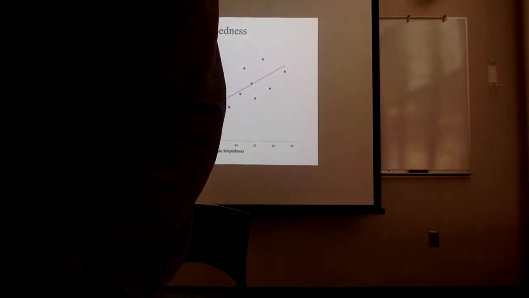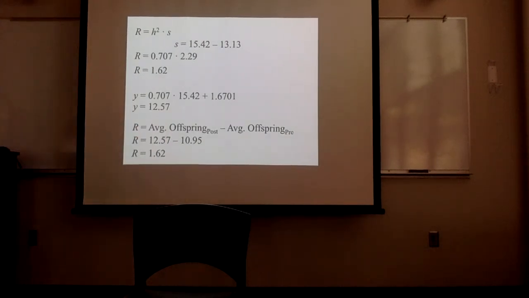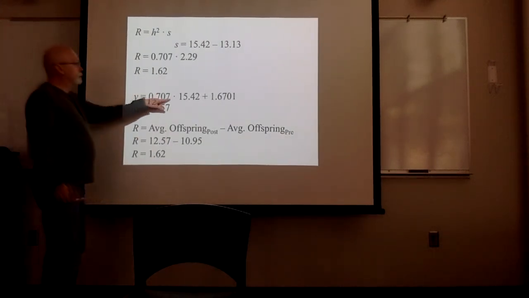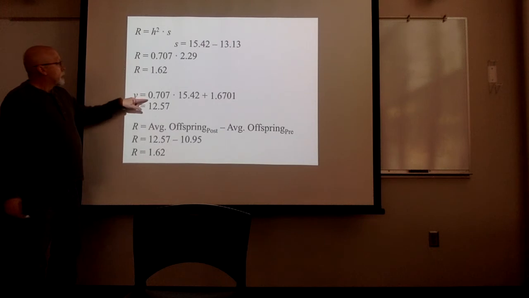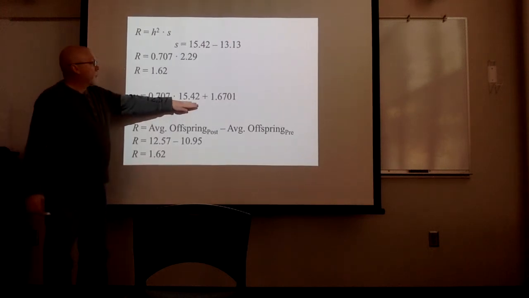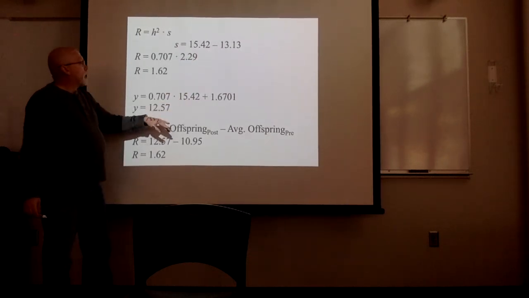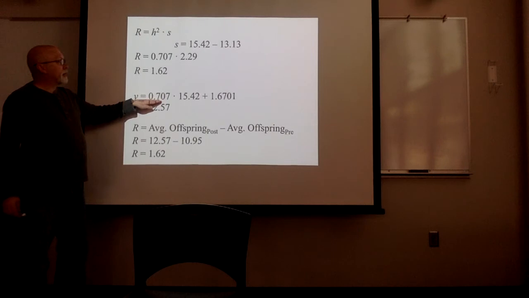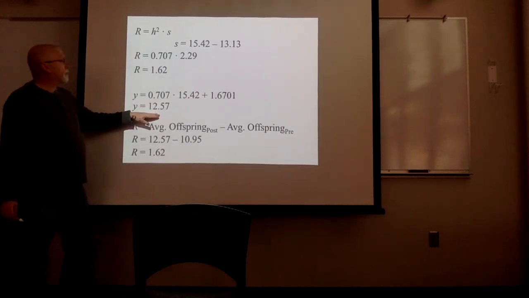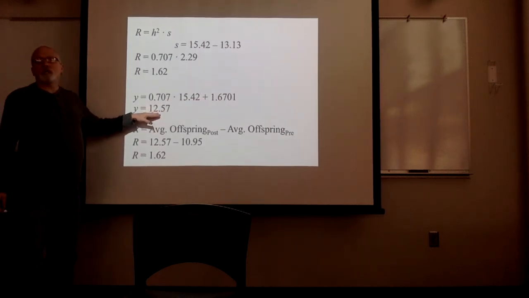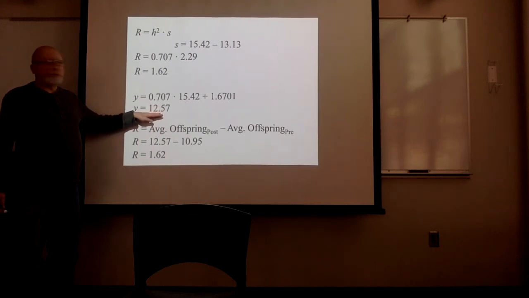We can also do this by basically looking at the equation and saying, well, if the average parent phenotype after selection is 15.42, translating that through selection and the y-intercept will give us the post-selection value of the offspring phenotype.